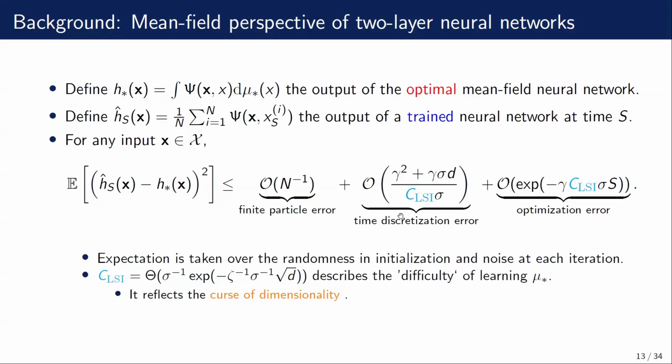This is unfortunately unavoidable, and this is what people call the curse of dimensionality. This phenomenon also appears in the convergence results for MCMC, where as long as you want to do sampling in high dimensions, you have an unavoidable term that blows up with respect to dimension. So this term also shows up here as well.